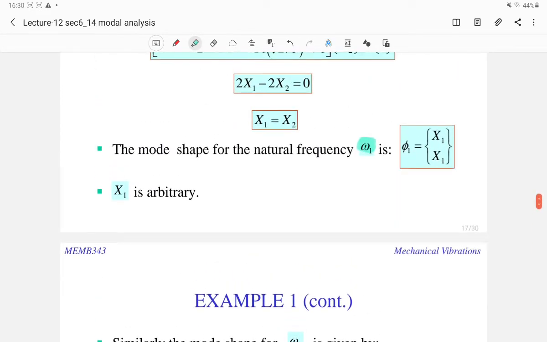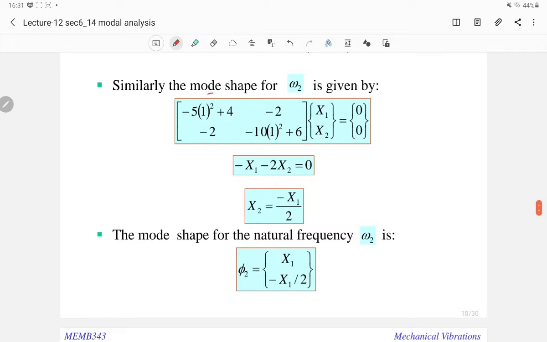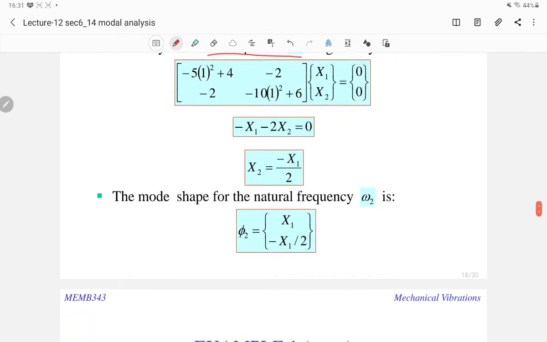As in this problem, if you substitute 1 here, you can get the mode shape 1, 1. When x1 is 1, x2 is also 1 because x2 equals x1. The second mode shape is where you find that x2 equals negative x1 over 2.